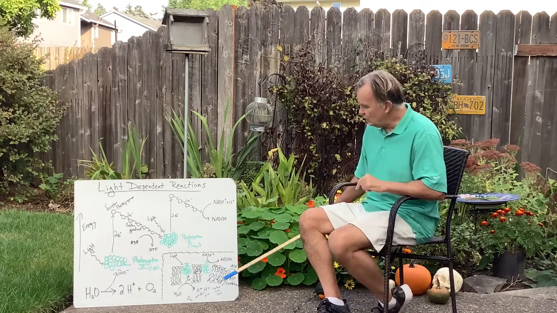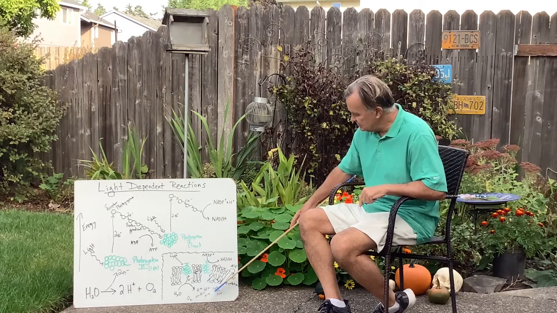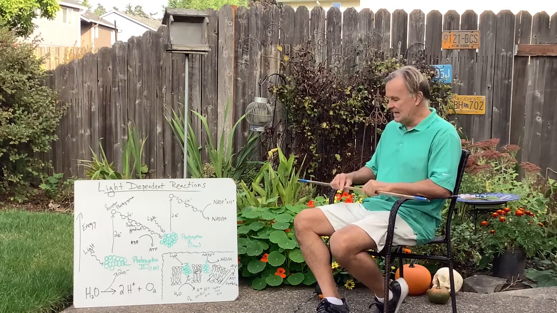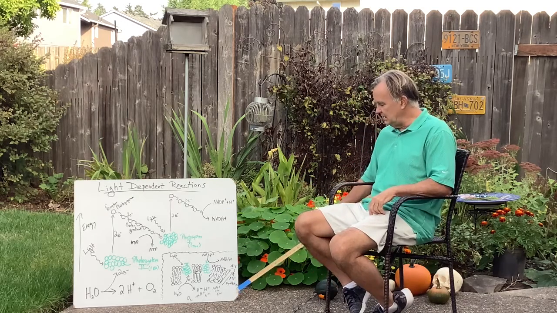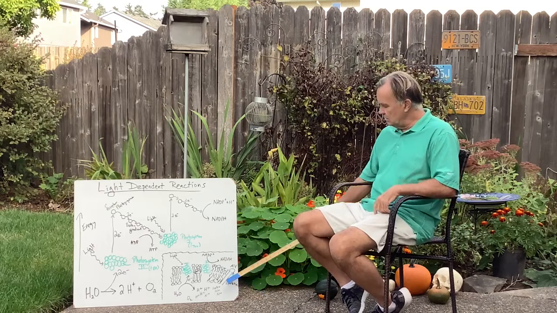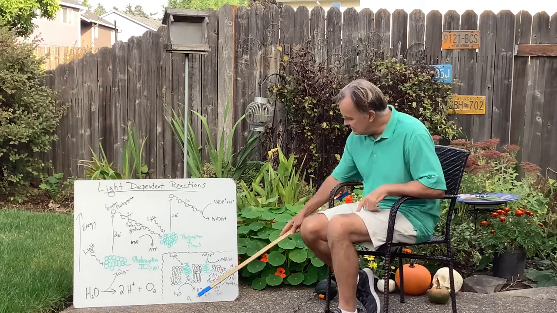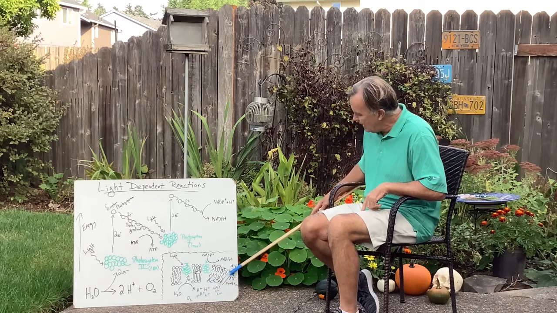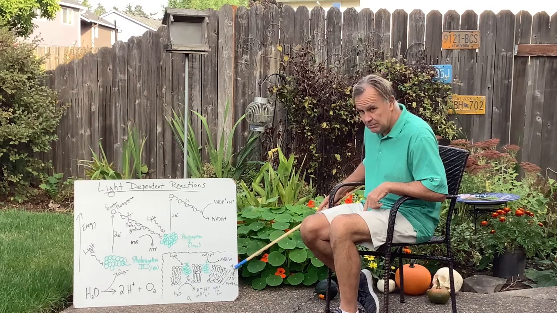But there is a pathway for them to get back, through this protein complex with an enzyme attached called ATP synthetase. These hydrogen ions build up, and then they come storming back through this channel, and that provides the energy to make an ATP molecule.